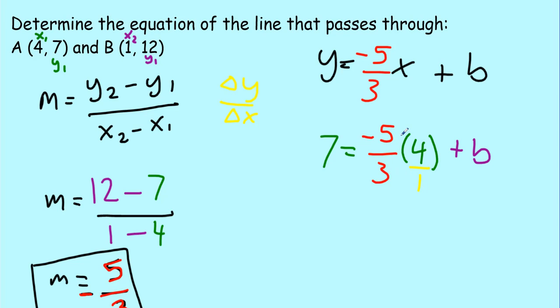And if we're multiplying fractions, you go straight across. So numerator times numerator, denominator times denominator. So 7 is equal to negative 5 times 4, which is negative 20, over 3 times 1, which is 3. Plus my b value, which I still don't know yet.